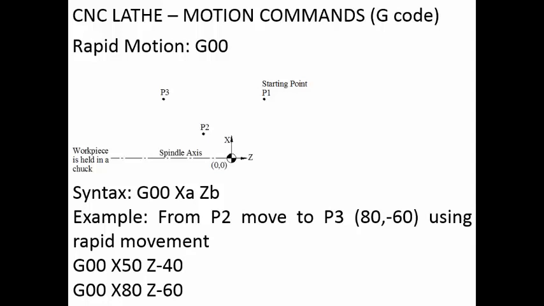When we write G00 X50 Z minus 40, the tool was initially at P1 and has come to P2. Now we want to continue the same program and take the tool to P3. So we can write G00 X80 Z minus 60. From P2 it will very rapidly move to point P3.